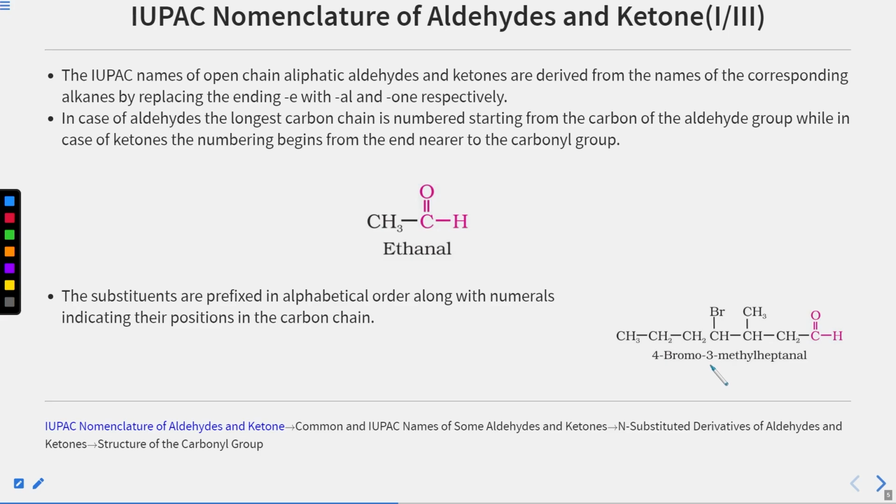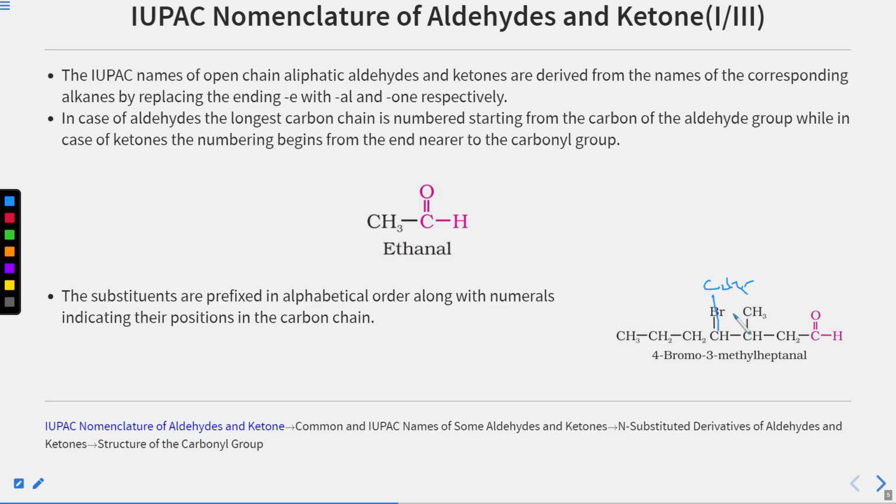Clear? So suppose here it was one more methyl, CH3, rather than this bromo, then how would you name it? Do not take it as methyl, take it as ethyl, C2H5. Okay, take it as C2H5. Then how would you name it?